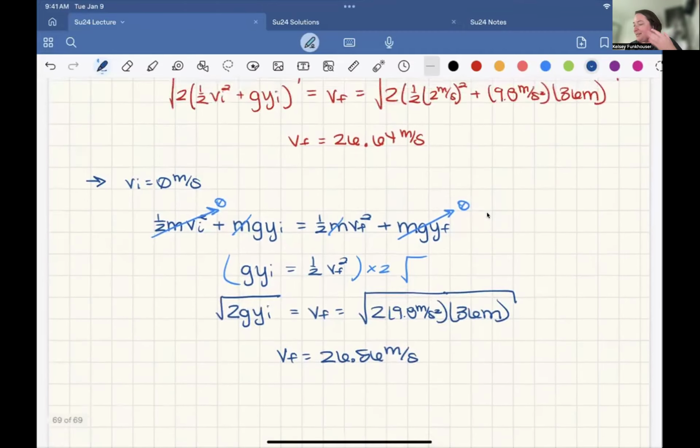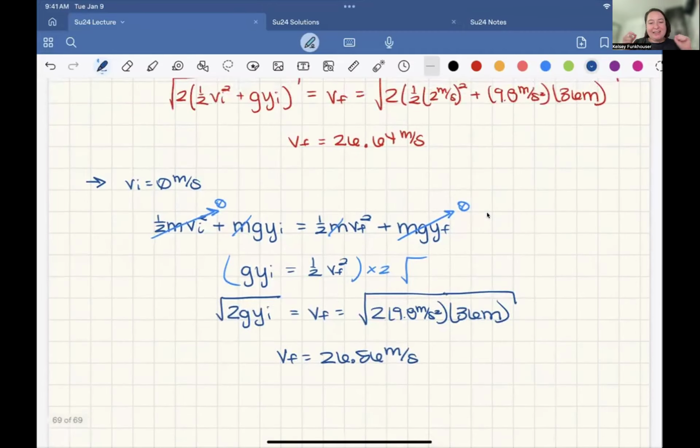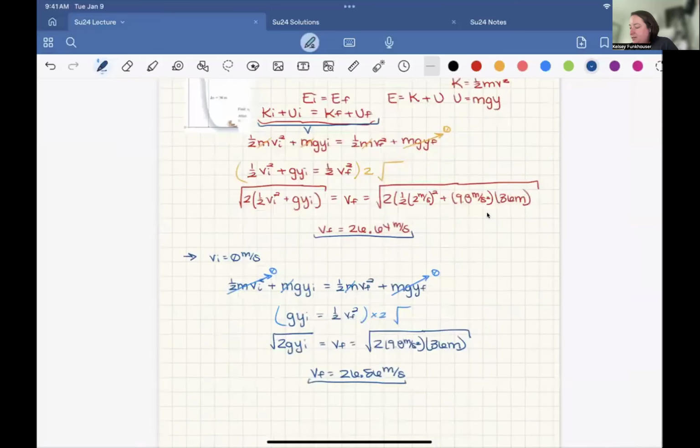This is why: I wanted to show that they're not identical, but they're very close to the same value. So it doesn't actually matter if you give yourself a push at the start or not. What matters in this case is the height of the slide and the change in your gravitational potential energy. That's what is influencing your final velocity here.